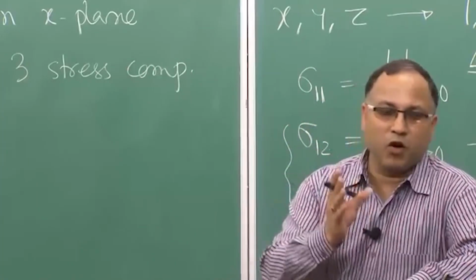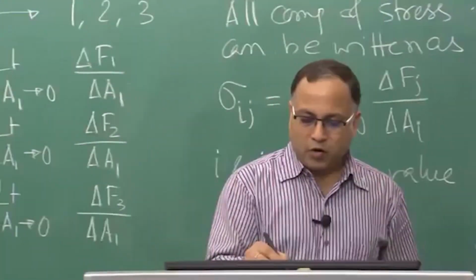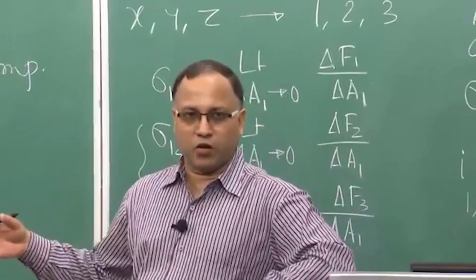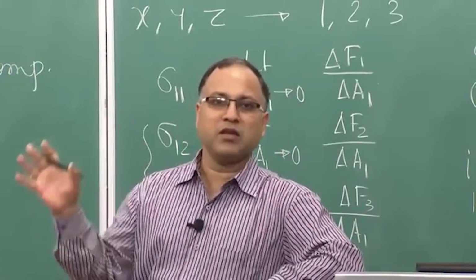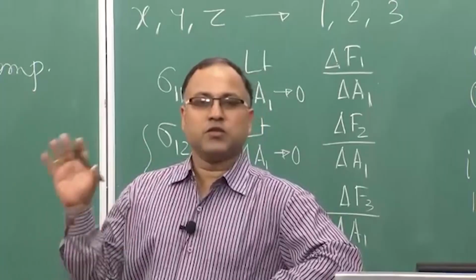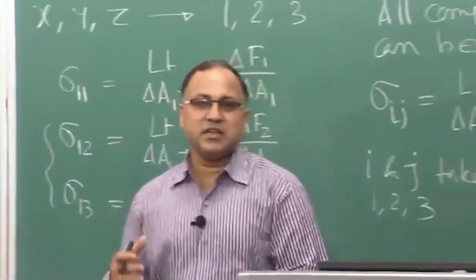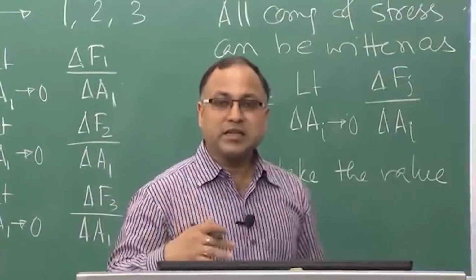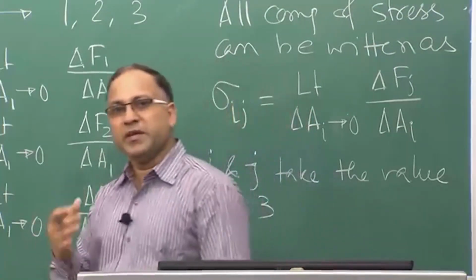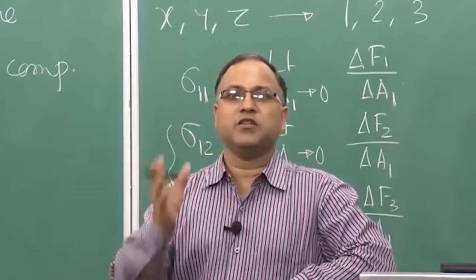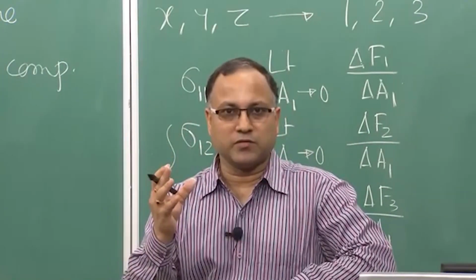Because you are moving from this point to this point, this much distance, so there will be some variation of stress. I will come to that later, when we talk about the equilibrium condition. Due to this variation you get a difference in the stress components, but their definition remains the same: one normal stress and 2 shear stress components.